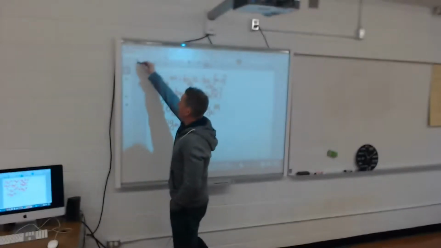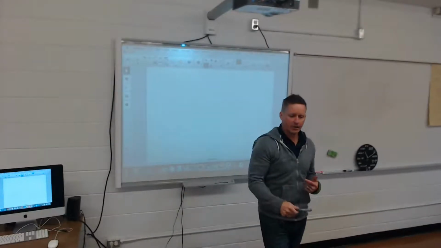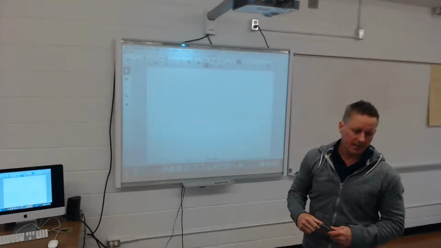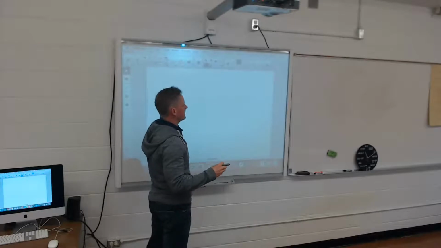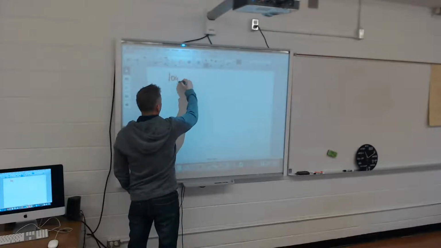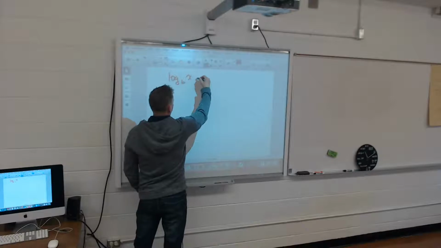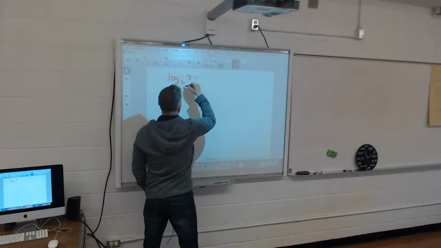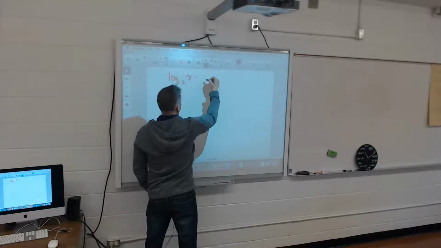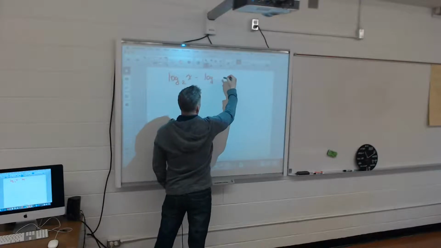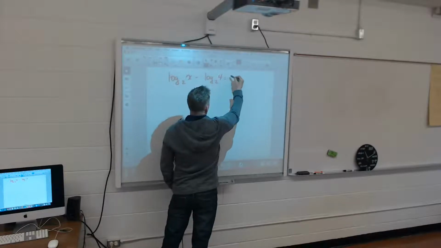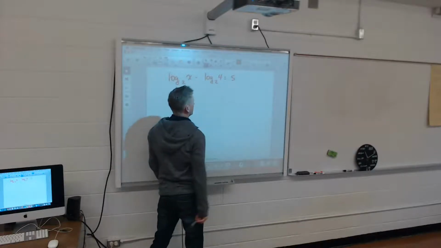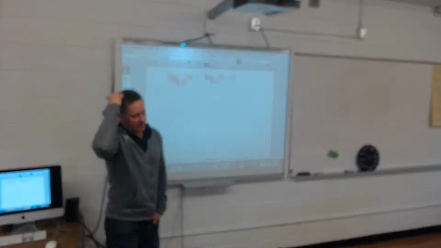Okay, and again, our rationale or our reasons why we do this is we want to be able to solve. Let's say I had the log of x, base 2, subtract log of 4 to the base 2 is equal to 5, let's say. And I want to solve for x in this case.